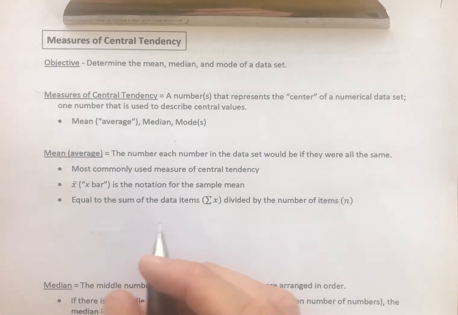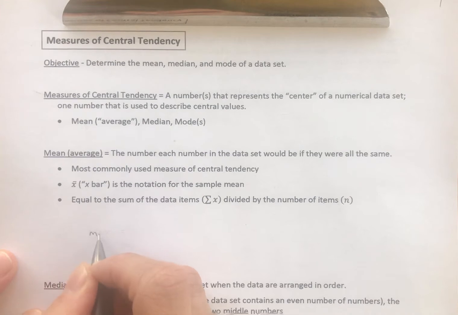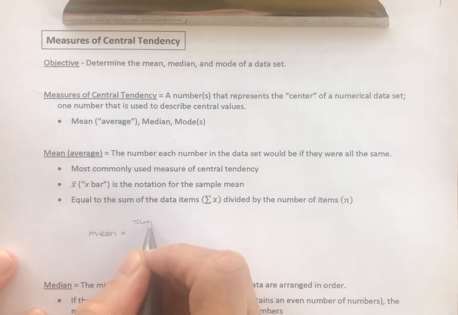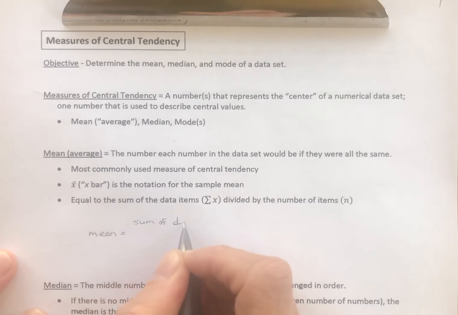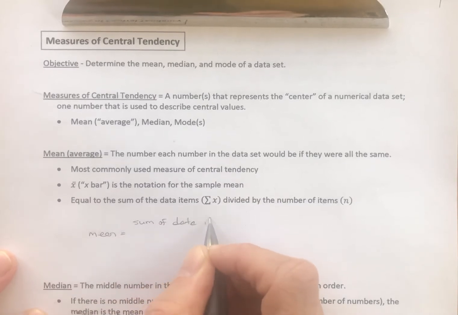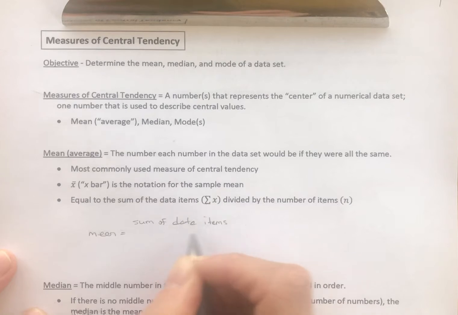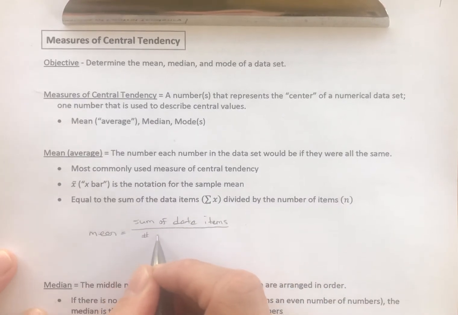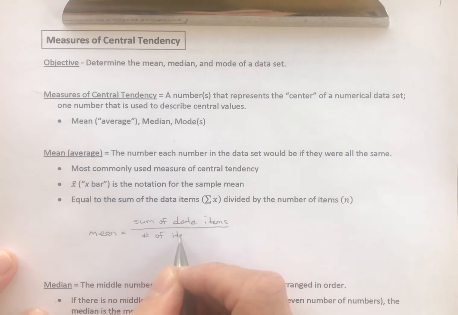Let's write that down. So our mean is equal to the sum of the data items divided by the number of items.